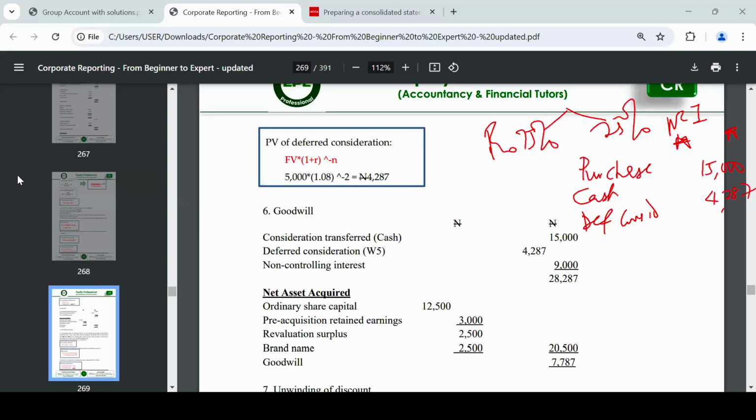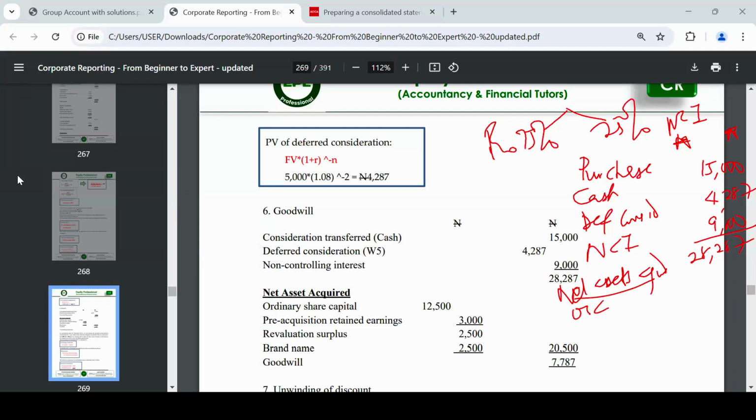Okay. And then we have NCI. We have been told NCI is valued at 9,000. That totals 28,287.